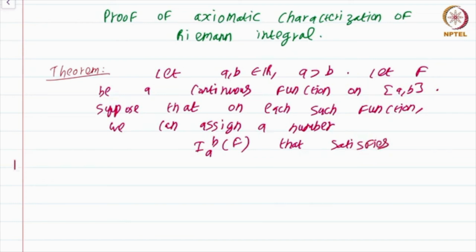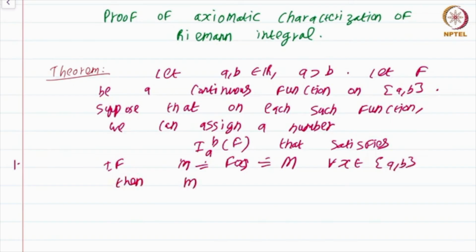Property 1: if small m is less than or equal to f of x is less than or equal to capital M for all x in the closed interval [a,b], then m times (b minus a) is less than or equal to I_ab of f is less than or equal to capital M times (b minus a).